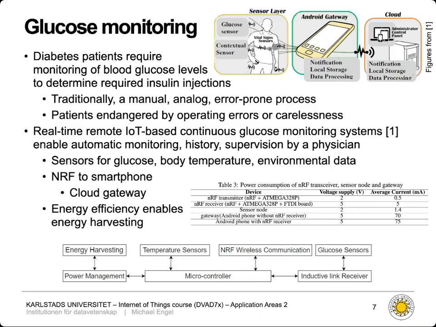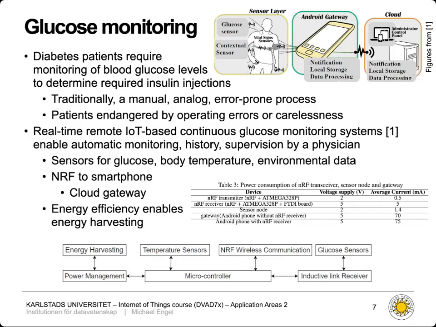And in the table on the right hand side, you see that in the lowest possible configuration, this is using a small ARM Cortex NRF transmitter, so a chip that is using an ARM Cortex by Nordic Semiconductors, plus an additional Atmega controller handling the I/O. You can get the required current in operation down to half a milliampere at only 2 volts. So this is a feasible application for energy harvesting.